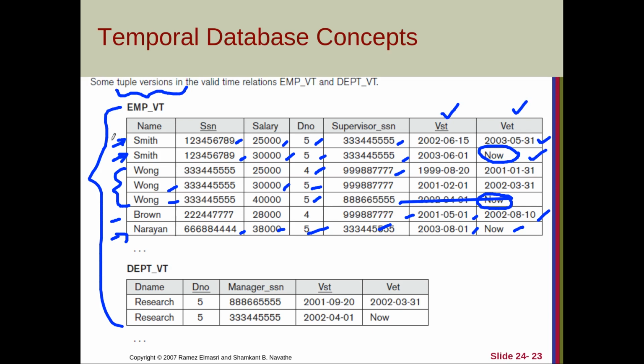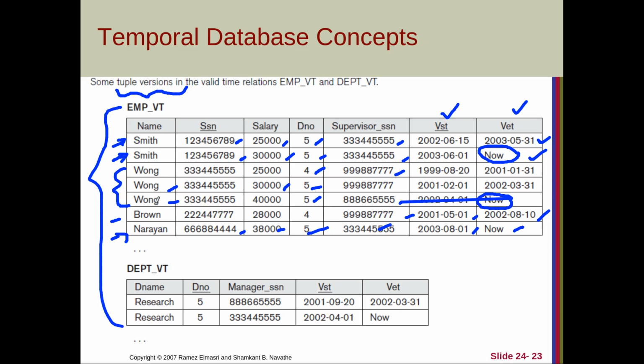We can have any number of versions of a tuple. Just for representation, we have given 2 for Smith, 3 for Wong, and 1 for Brown and Narayan. So whatever changes apply, if one employee works within an industry for 10 years, he will have different versions of tuples.